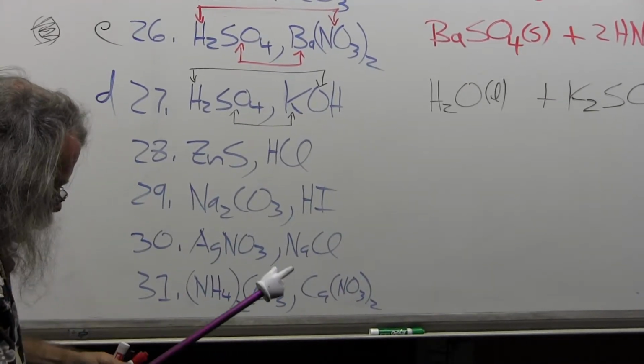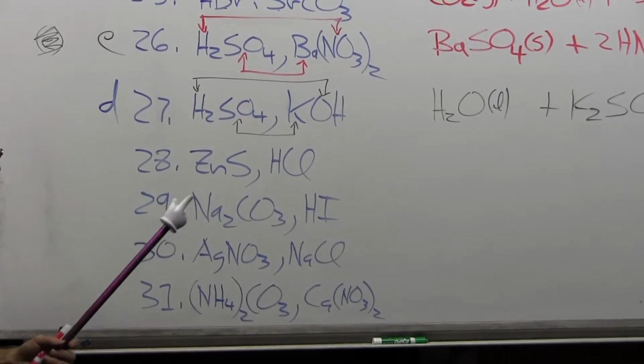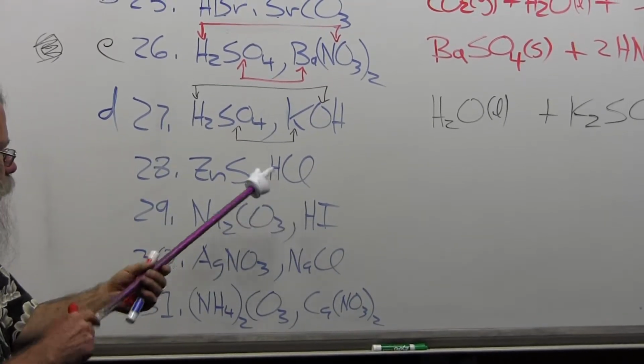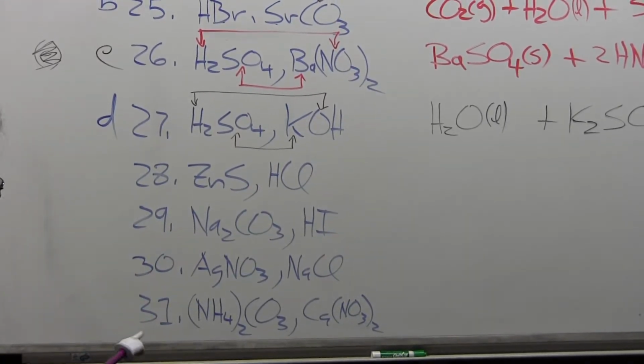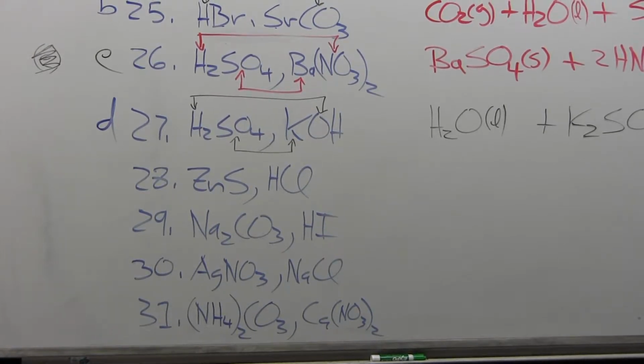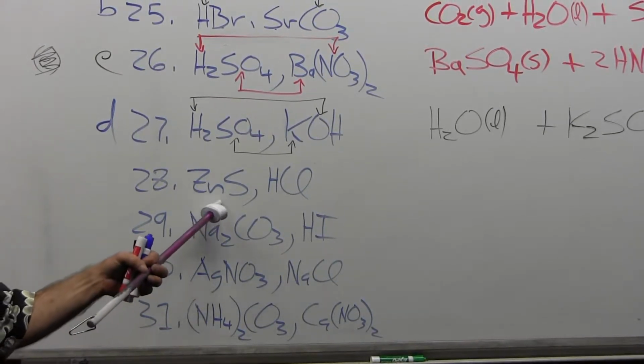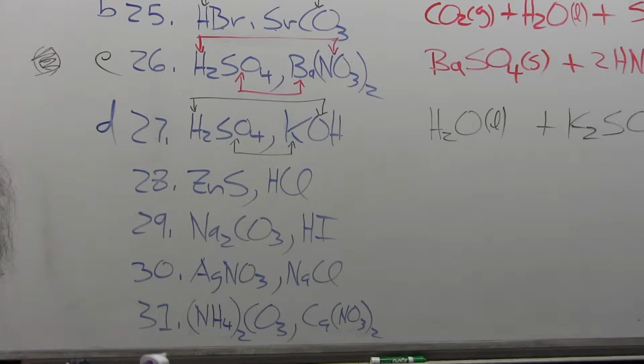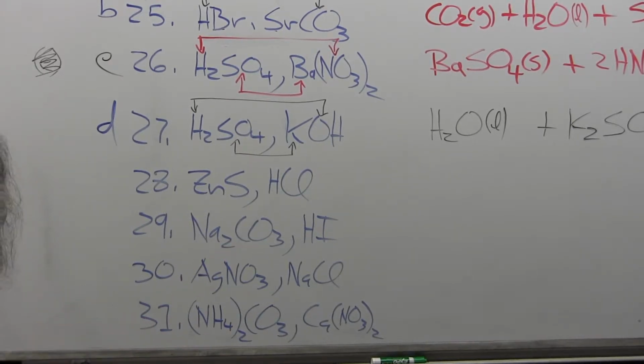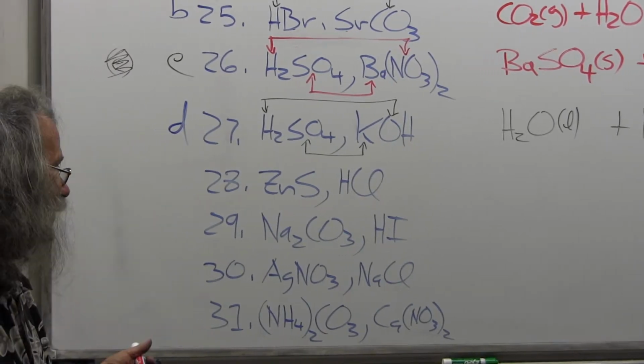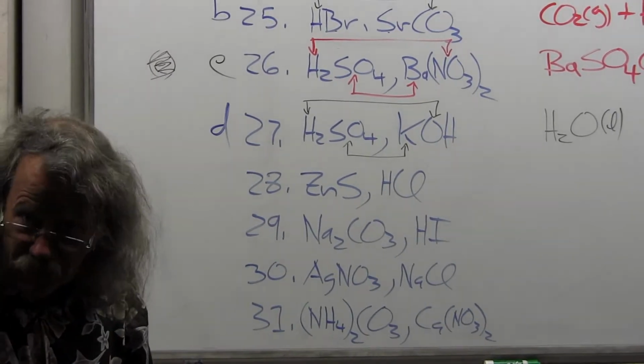Now, the next one, the pair we have is zinc sulfide and hydrochloric acid. Well, my solubility rules reveal that indeed sulfides are insoluble. The only exceptions being the group 1A salts, the ammonium salts, and calcium, strontium, and barium again.